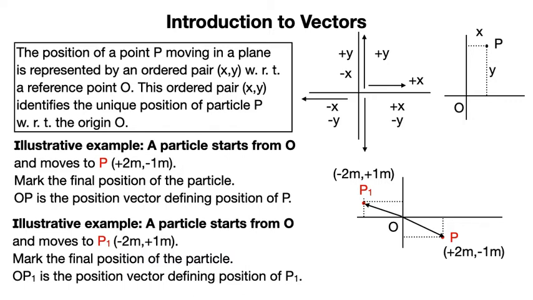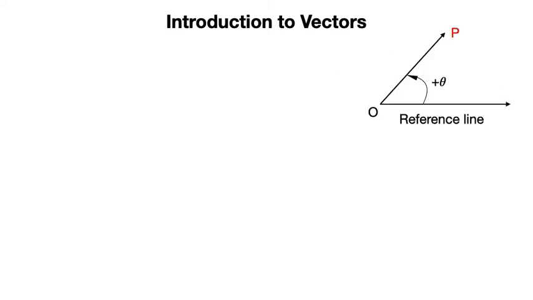We have another method to locate a point P in the plane. For the purpose, we consider this diagram. O is the reference point and we have a line which we call the reference line. In this case, we have taken this horizontal line as the reference line.